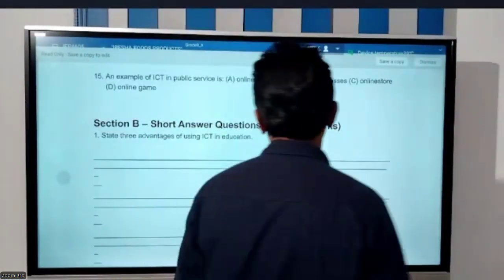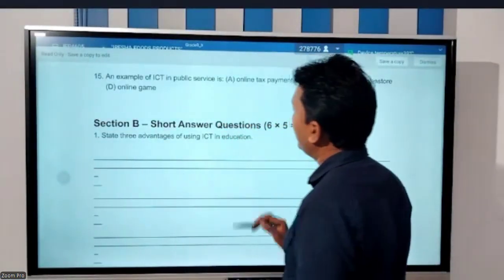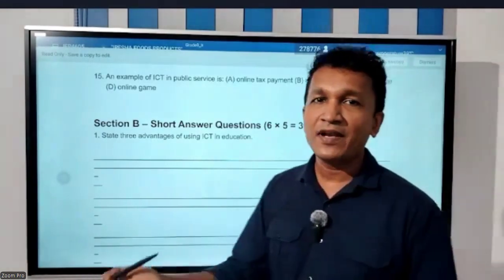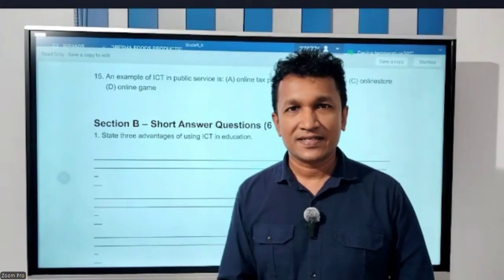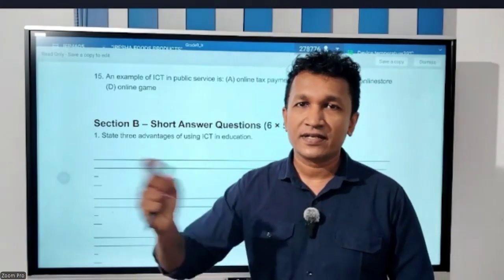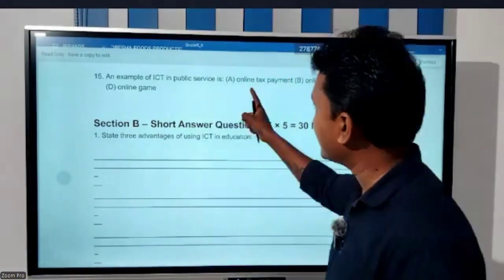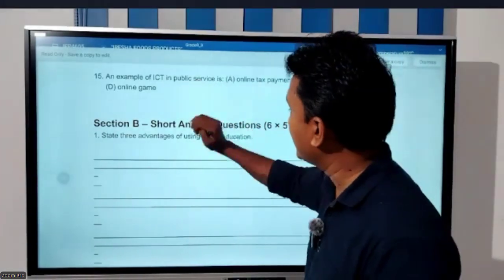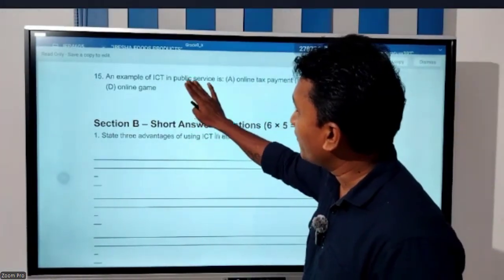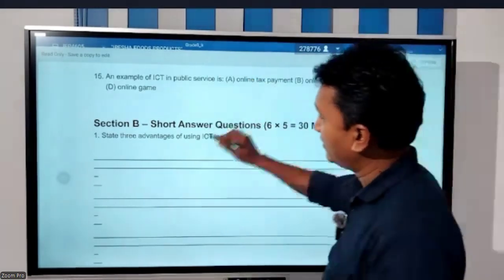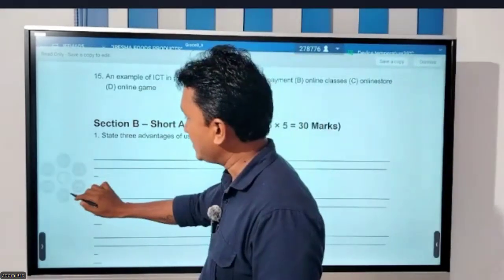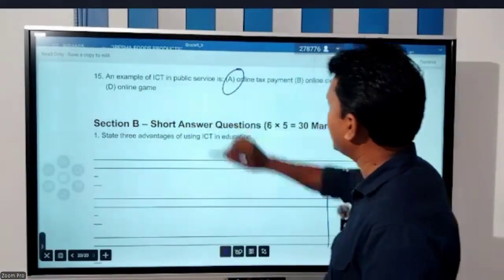Right. So generally, the people of the country are paying tax, right? That's a public service. So we can go to the government website and pay tax. That is a public service. So an example of ICT in public service is online tax payment. Good.